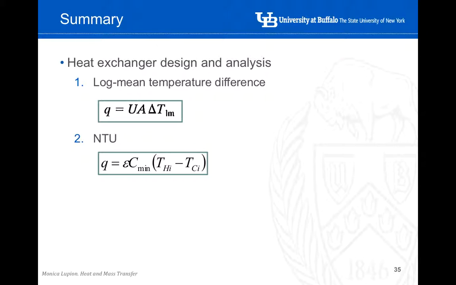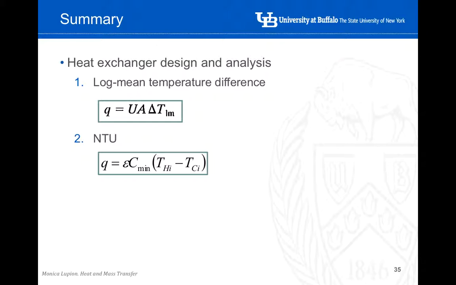So in summary, we went through two different methodologies to design and analyze a heat exchanger. The first one is the log mean temperature difference, where we apply this equation: the heat rate is equal to the overall coefficient U times the area times delta T log mean, which we define as the relationship between delta T2 and delta T1.